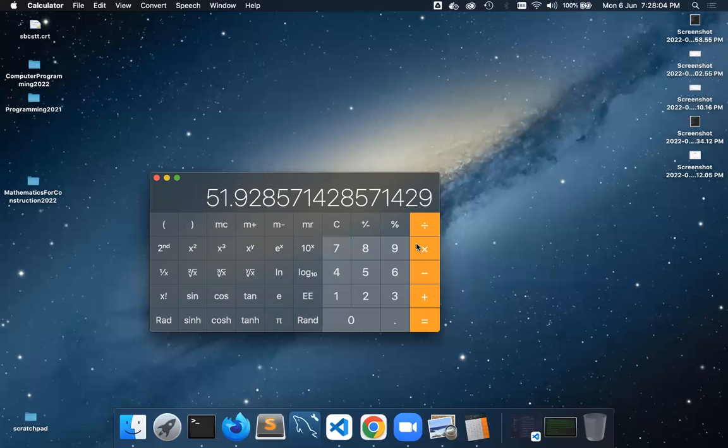The inverse tangent, this is a little bit more than 90 degrees. Right, so second function, inverse tan of that is 88.9.